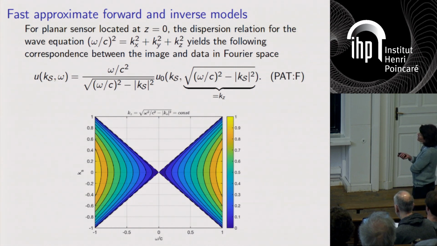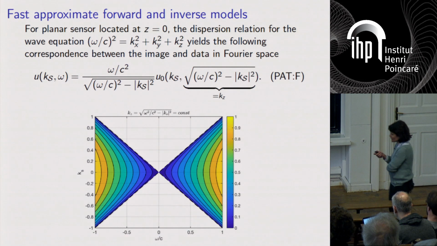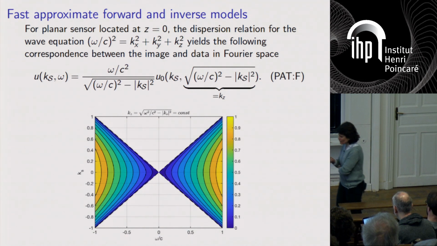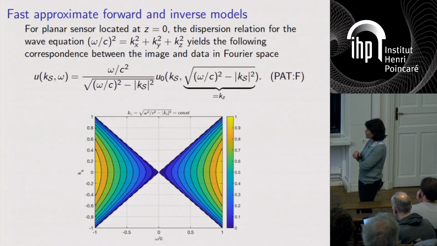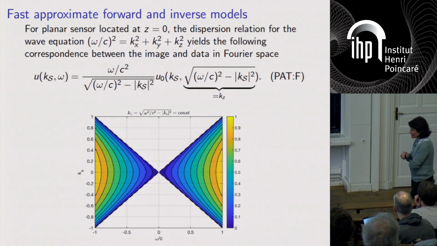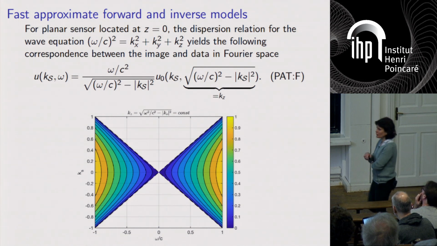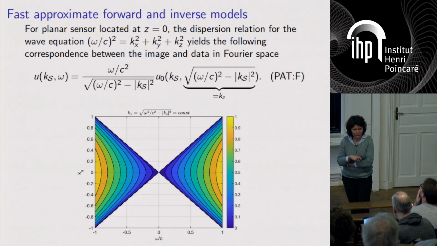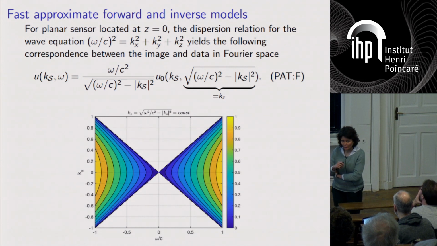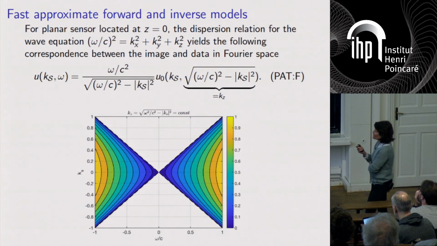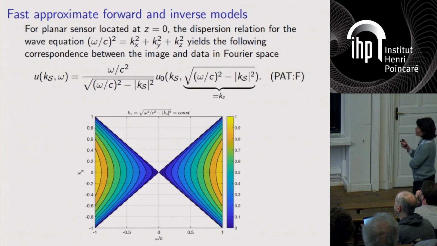If this is your goal, we ask the question: what happens if, instead of having this highly sophisticated wave solver, we work with the Fourier inversion? The Fourier inversion, first of all, only works for homogeneous speed of sound, but you can argue that unless you have a scanner that couples both measurements, you don't know the speed of sound, so you are not using this in the reconstruction anyway. That's fine.